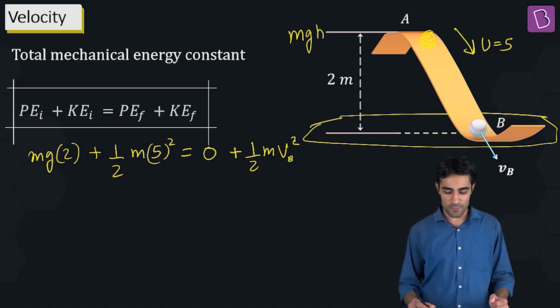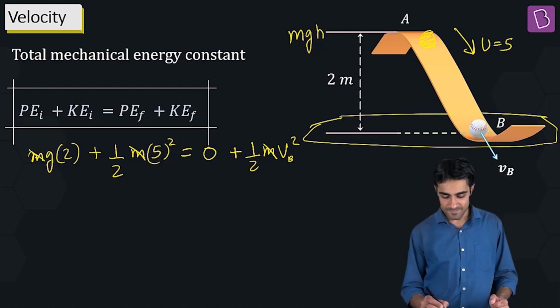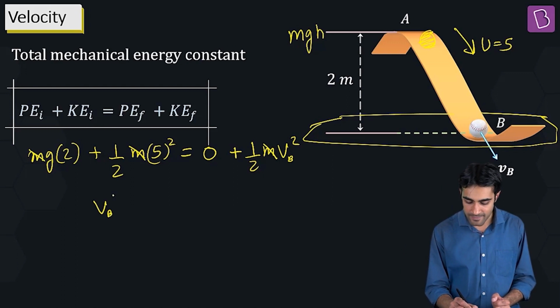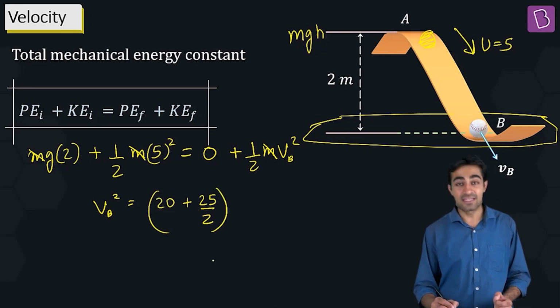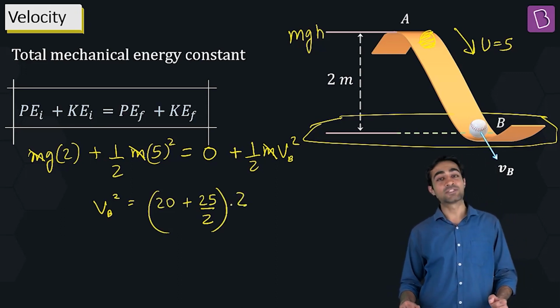Very nice. Now we can just cancel out m, and we can see that vb square is equal to 20 plus 25 by 2, and we multiply this entire thing by 2. So this will give us vb square.